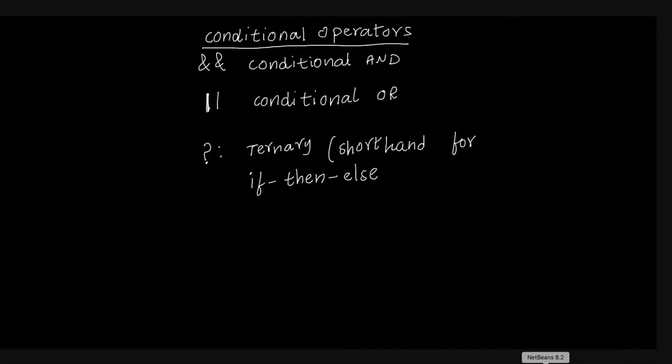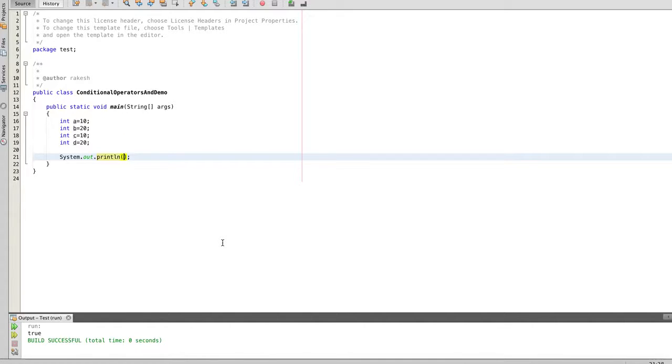So similarly in Java, we could relate this AND gate with the AND operator, which means if there are multiple conditions, all the conditions should be true. Then only the final output would be true. We can explain the conditional AND using 3 use cases.